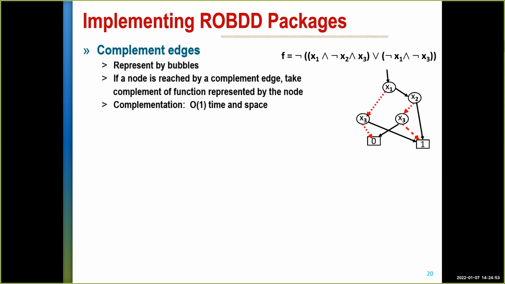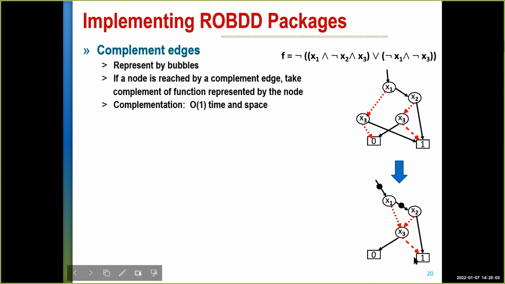So what they do is they use something called complement edges. A complement edge means that, instead of flipping the leaves, they put something like this, saying that if you're coming from here to here, right? So remember, this means that if x1 is true, then I should take the function represented by x2.